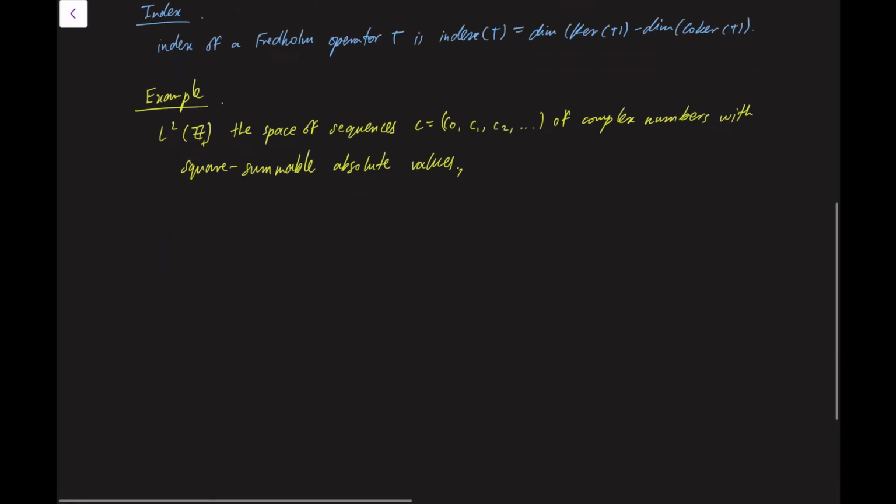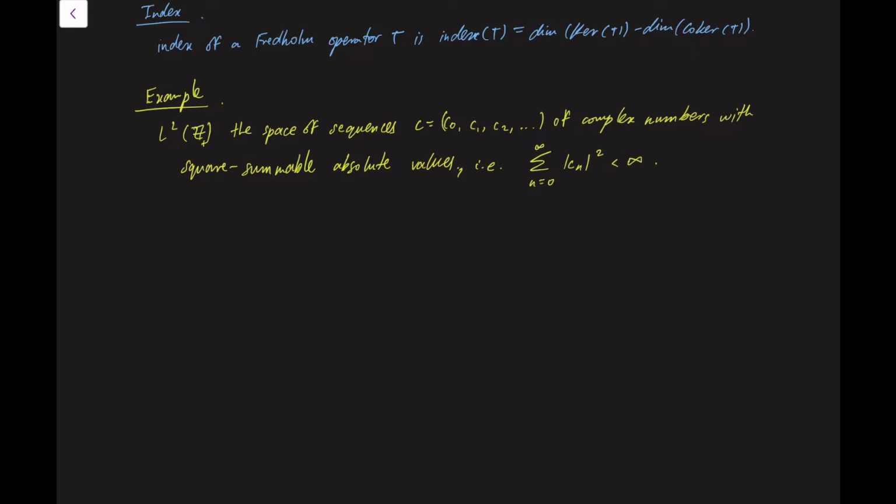In other words, the sum of the magnitude squared of all the points in the sequence is finite.